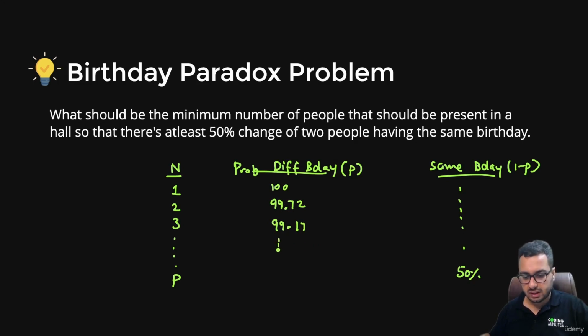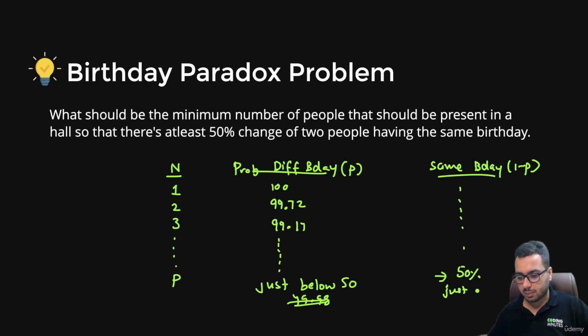We need to see when this value drops just below 50, let us say it is 49.98 or something like that. This value would be just above 50. So we will use a loop, and we will see when this value drops just below 50, then we will get the answer.